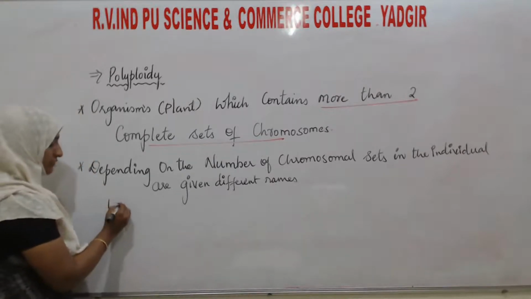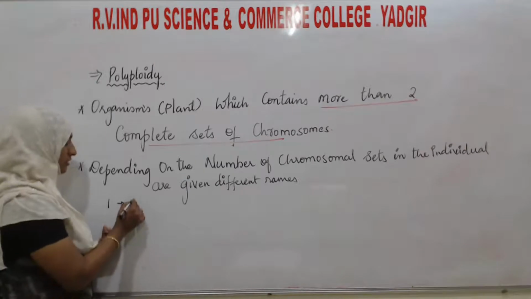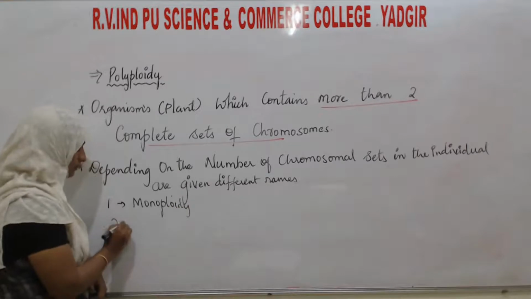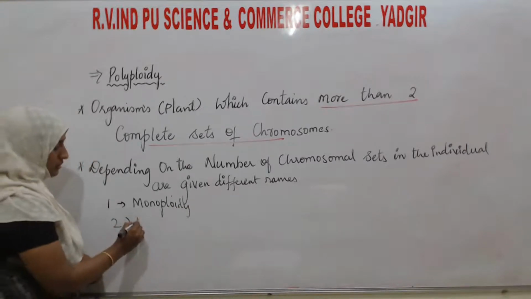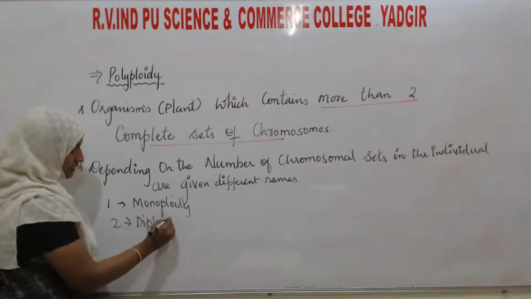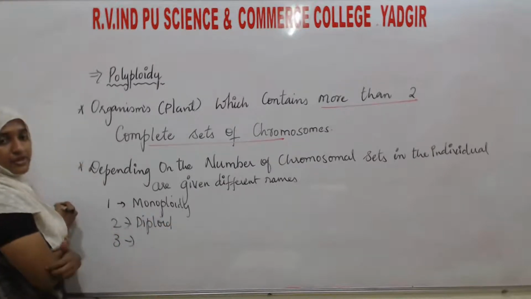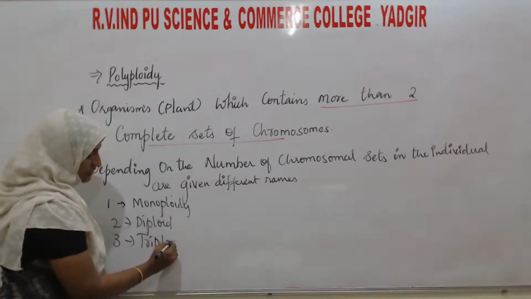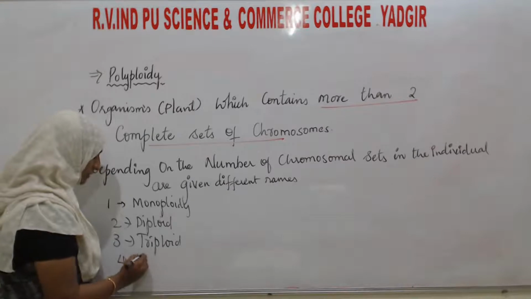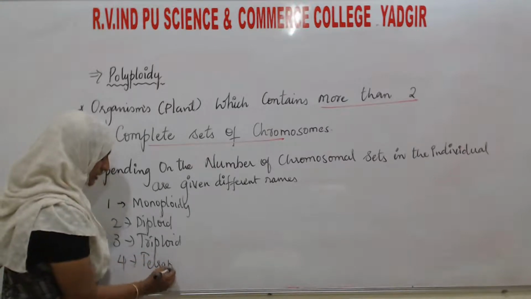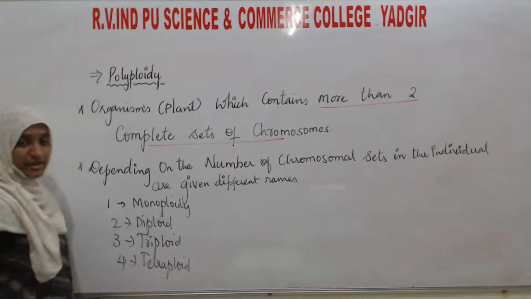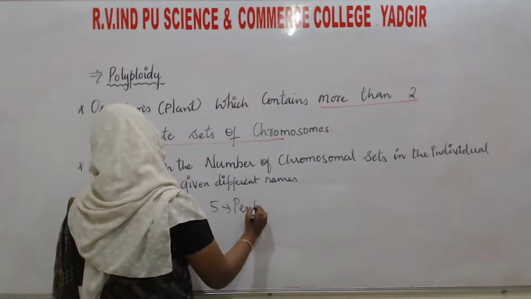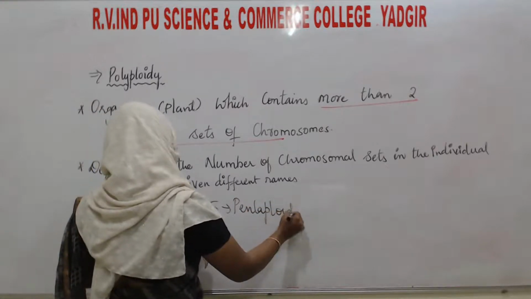If one set of chromosomes is there, that is known as monoploid. Two sets of chromosomes is diploid. Three sets is triploid. Four sets is tetraploid. Five sets is pentaploid.